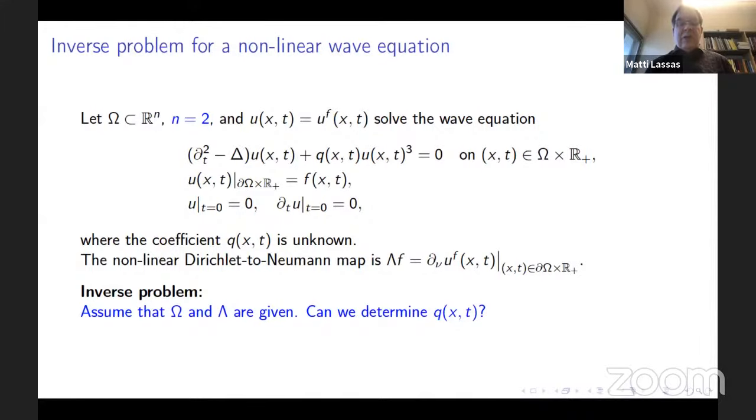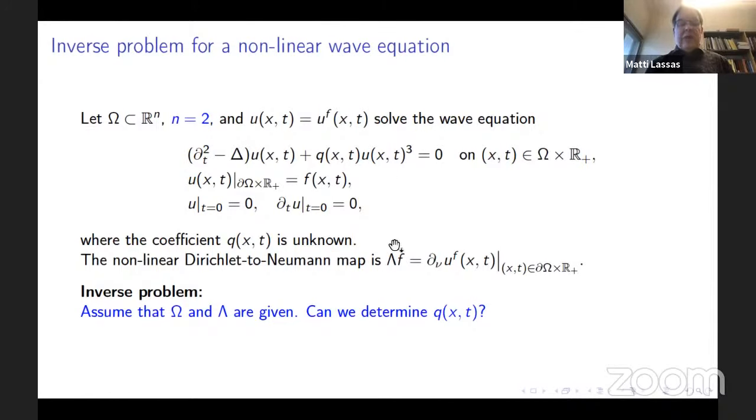Then the boundary measurements are modeled by the Dirichlet-to-Neumann map that maps this Dirichlet boundary value f to the normal derivative of the wave, that is the Neumann boundary value. So we map the Dirichlet data of the solution on the boundary to the Neumann data on the boundary. And because the equation is nonlinear, also this Dirichlet-to-Neumann map in this setting is nonlinear.